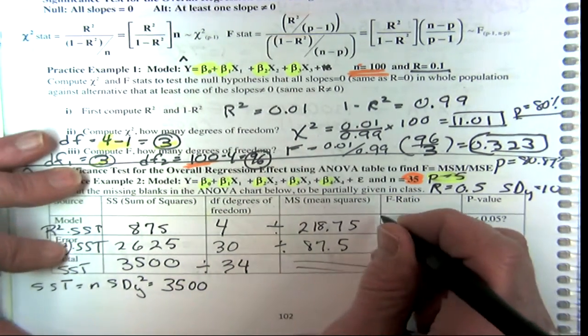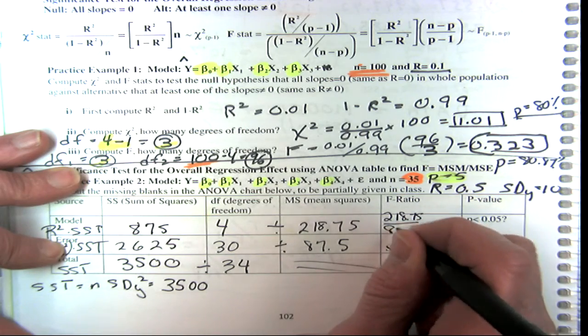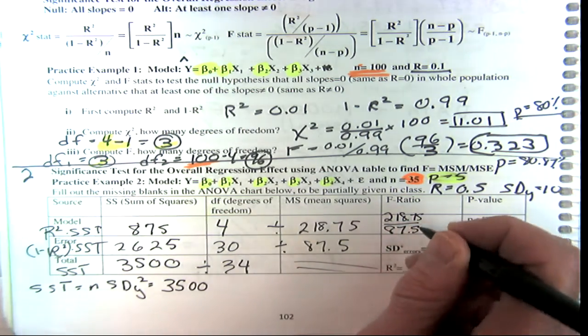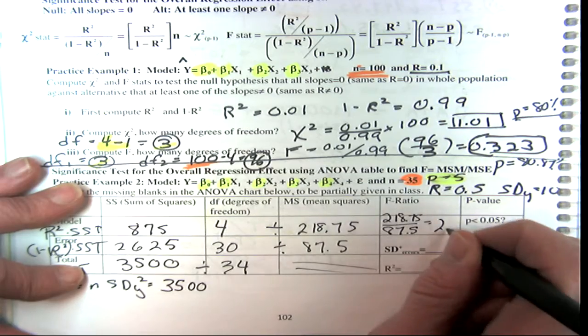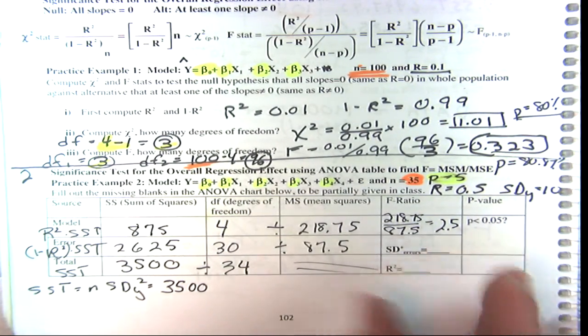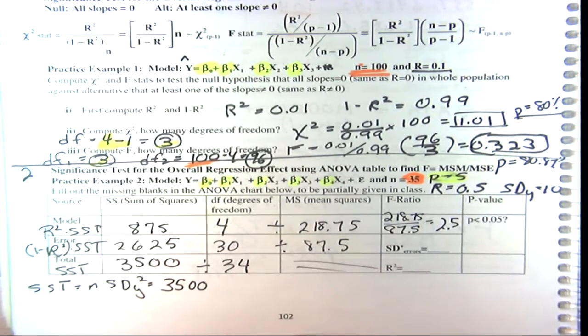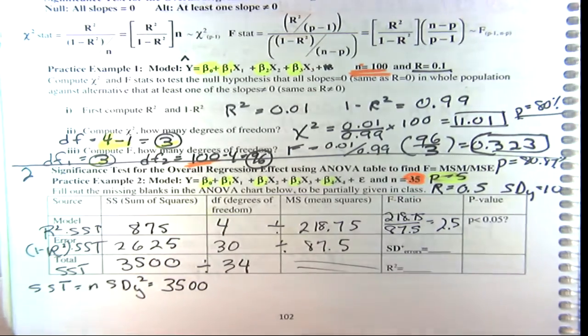So we have 218.75 divided by 87.5, and that's 2.5. I mean, we could have done this with too much information here.